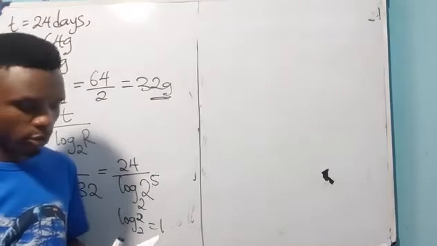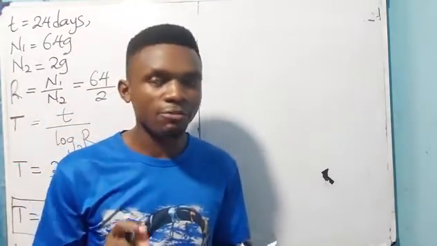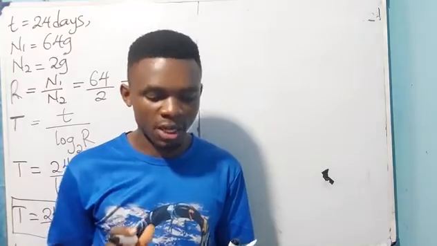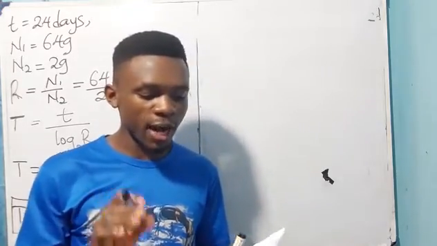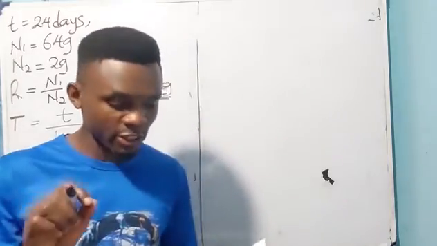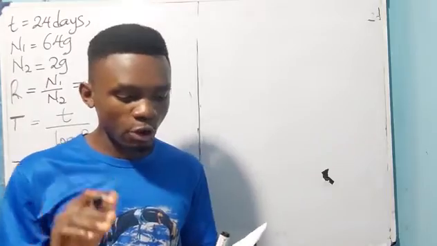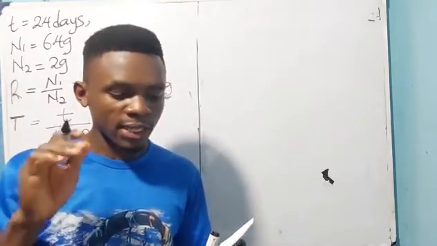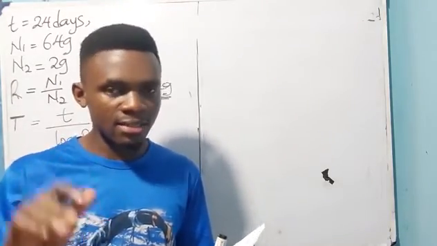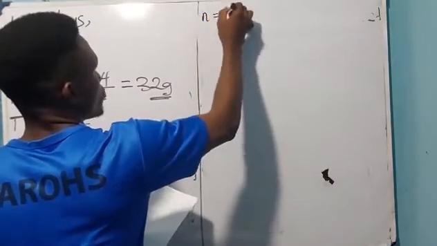We have another question. After 3 half-lives, the fraction of a radioactive material that has decayed is dash. After 3 half-lives, n is equal to 3.